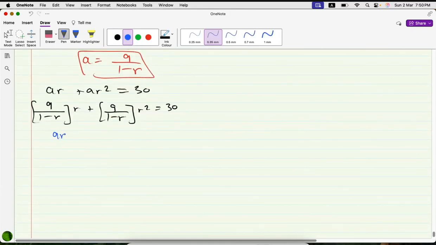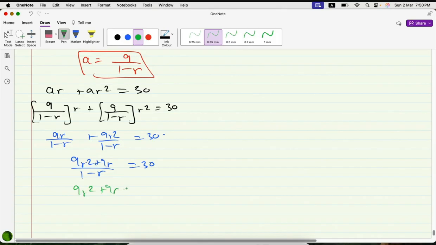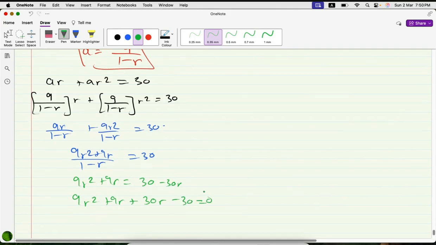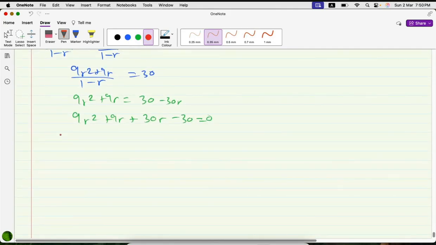The numerator is 9R plus 9R square over 1 minus R, equal to 30. Cross multiplying, 9R square plus 9R is equal to 30 minus 30R. Rearranging, 9R square plus 39R minus 30 is equal to 0.